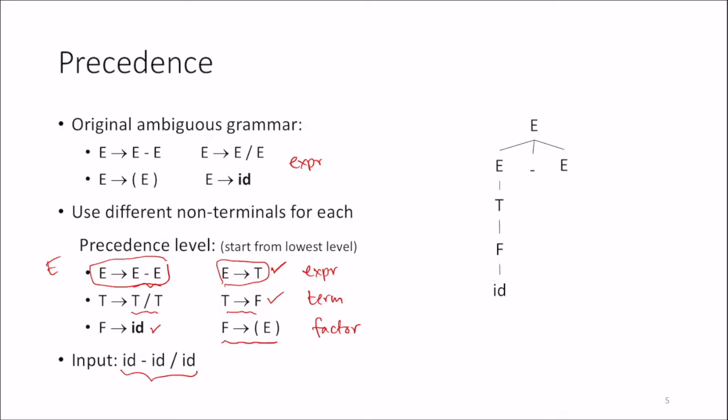So in this case, we have to go through this whole chain of productions to get to an id. And then I take E goes to T, so I have to take this step here in order to get a T. And now I can use the T goes to T divided by T rule. And then I can just get the id by expanding those T's to go to F, and then goes to id. Notice how by changing the non-terminals, I force the division to go lower down in the tree, and thereby you can ensure that division has higher precedence.